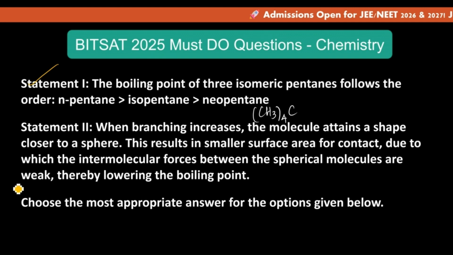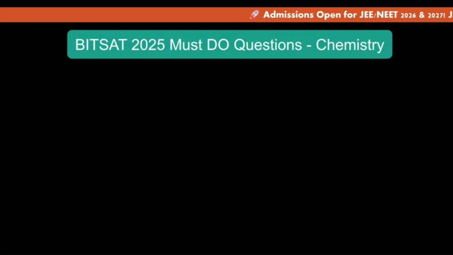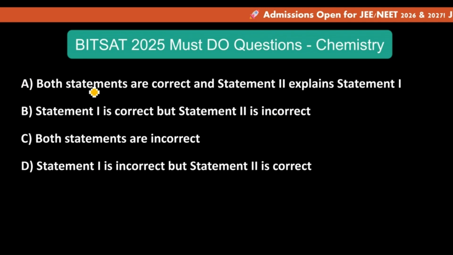What about statement 2? When branching increases, what will happen? The molecule becomes more and more compact, right? The spherical molecules have less surface area of contact. So reduced surface area of contact will weaken the van der Waals forces. So statement 2 is also right. So the option is: both statements are correct, and statement 2 explains statement 1.